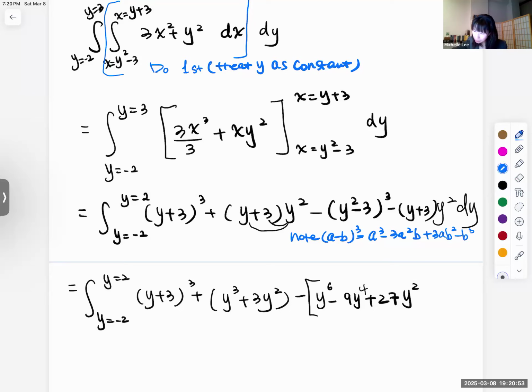So there will be minus 27. Okay, let's do this one. Let's distribute. So we have minus y to the third power and negative also 3y squared, right?